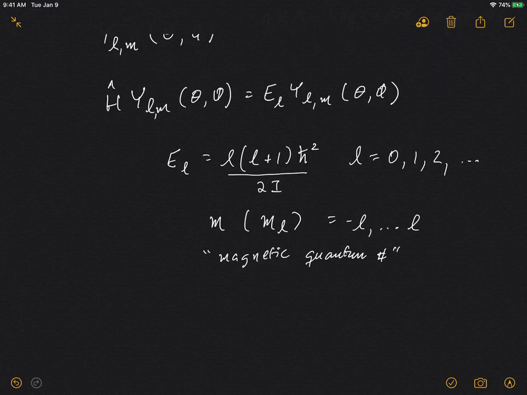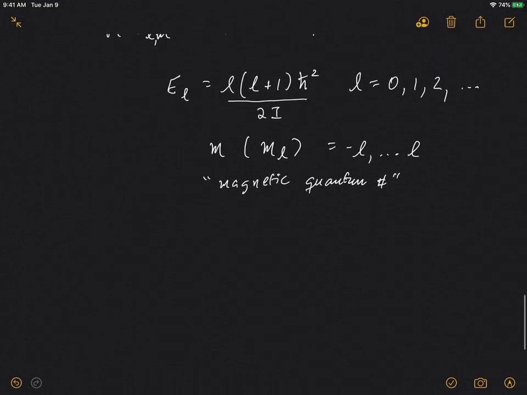You can have a Y11, you can have a Y1 minus 1, but what you can't have is a Y0,1 or a Y0 minus 1. You can have Y0,0, it turns out, from looking at this. And let's move on to actually looking at the functions.